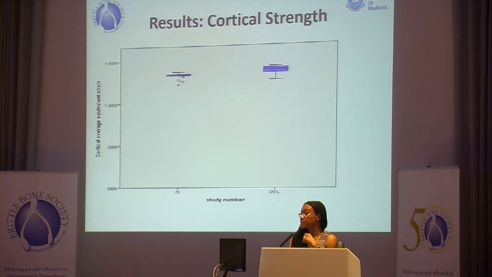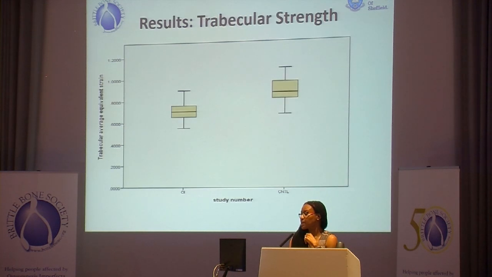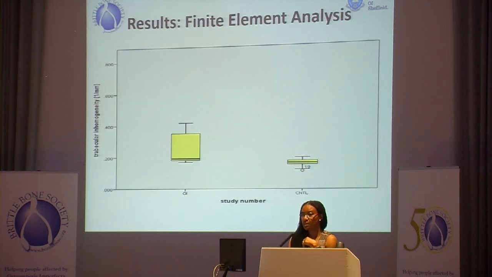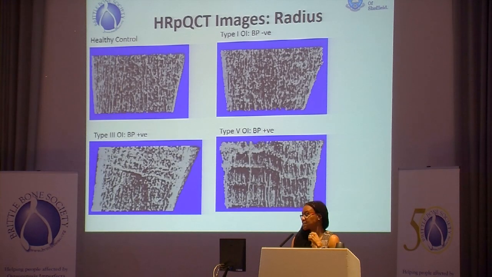There was a significant difference in cortical strength and in trabecular strength in these groups, and there was increased inhomogeneity, so the alignment of the trabecular bone was abnormal in the OI group. So there were parameters that HRPQCT was giving us more sensitively, with more information than we can get from DEXA scans.